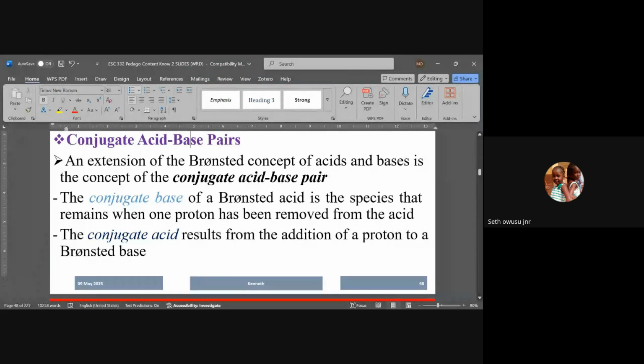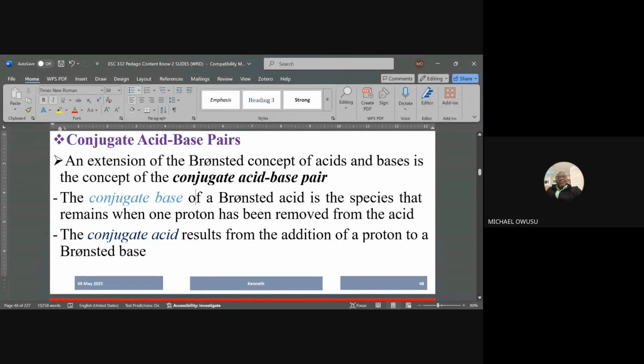Yes, Doc. So the conjugate base is the species that remains when one proton has been removed from the acid. And then the opposite, the conjugate acid results from the addition of a proton to a Bronsted-Lowry base.